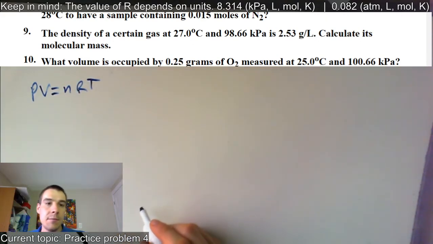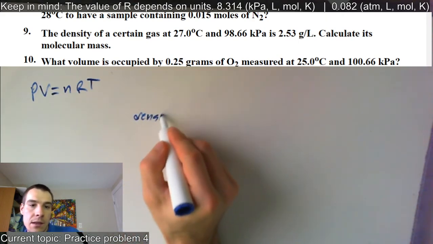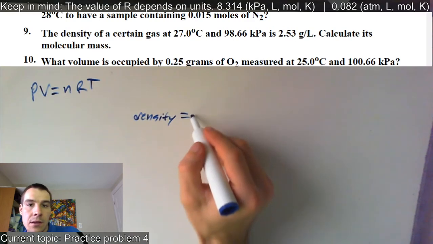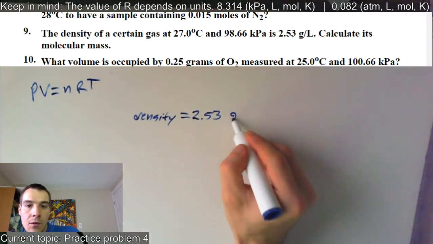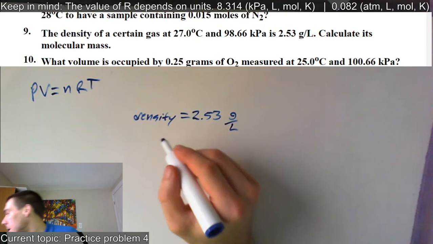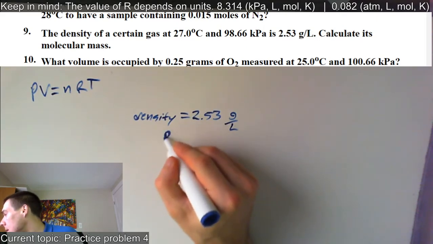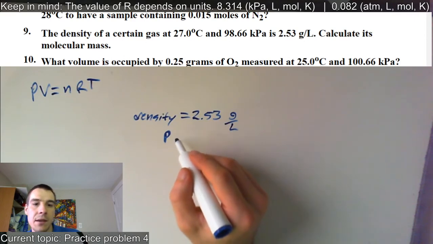Now this is interesting. Number 9. The density of a gas is 2.53 grams per liter. Density, by the way, has a symbol. It's rho. It looks like a weird little lowercase p, but it's not quite a lowercase p.